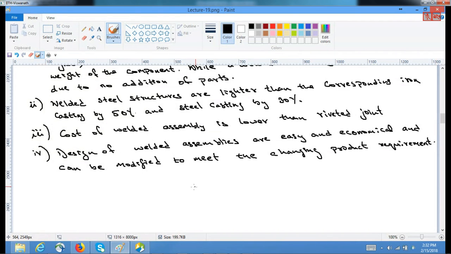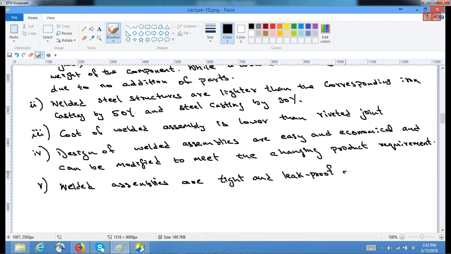Further, welded assemblies are tight and leak proof, which are required in certain applications as compared to riveted assemblies.